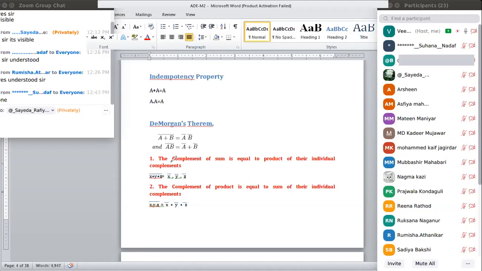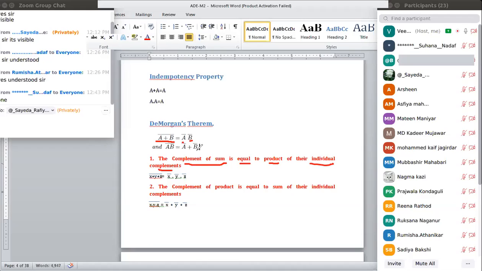Which can be defined as the complement of sum. See, the complement of sum, this is the sum, no? Plus is a sum. The complement of this sum is equal to the product of their individual complements, a bar and b bar.